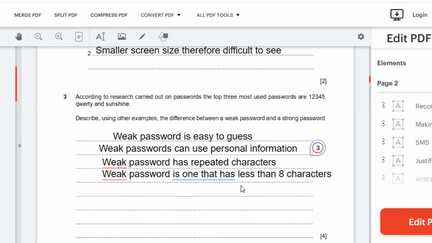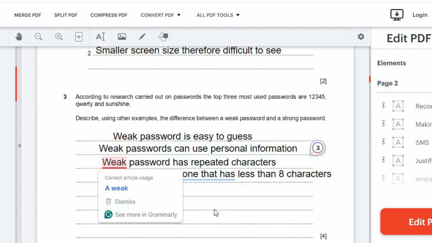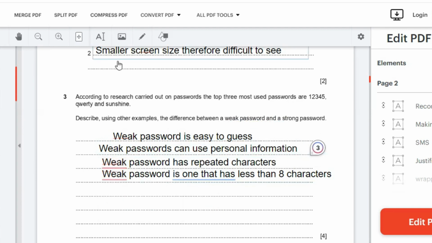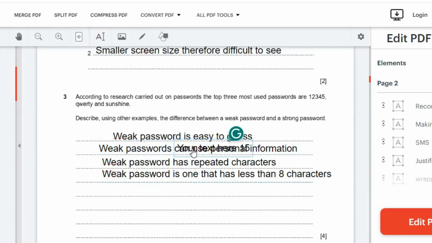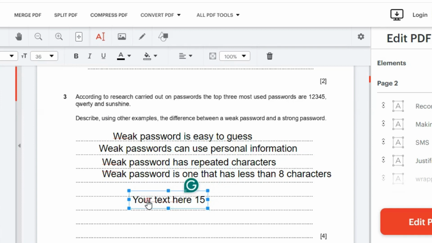All right, so let's go to a strong password now. These are all qualities of a weak password. Okay, so now let's talk about strong password, because we are told to describe using examples the difference between a weak password and a strong password. Now let's go to strong password.